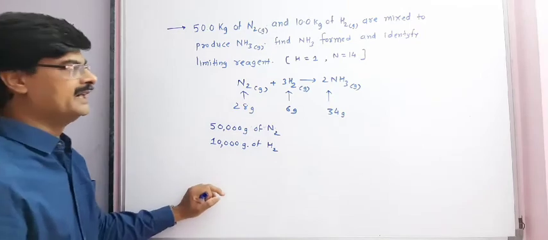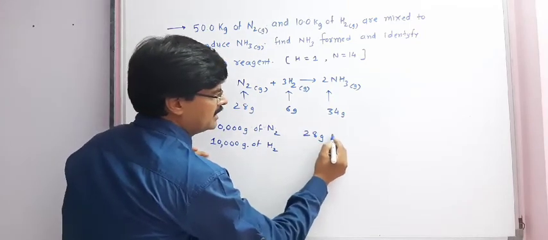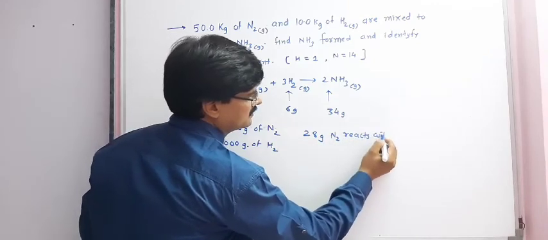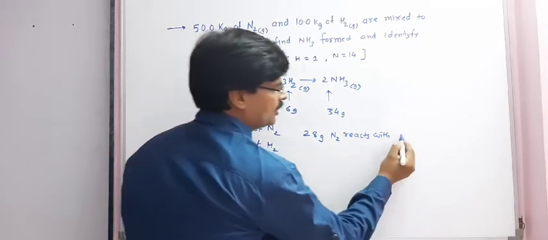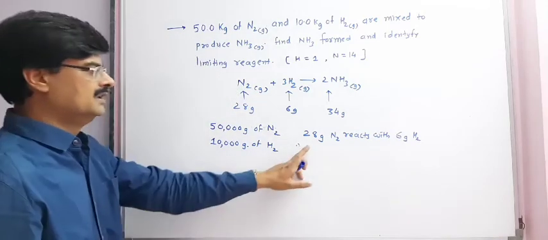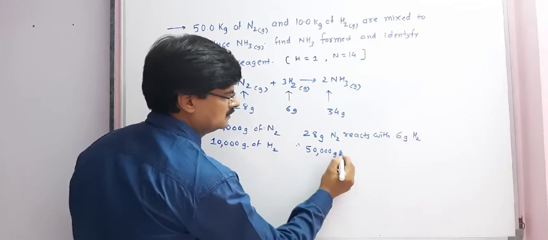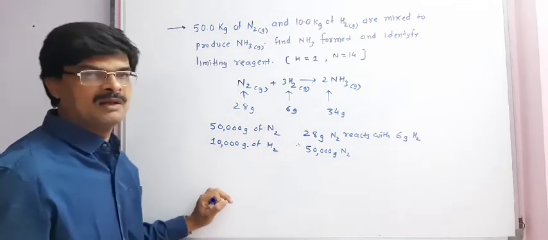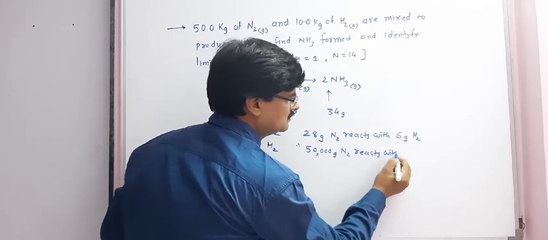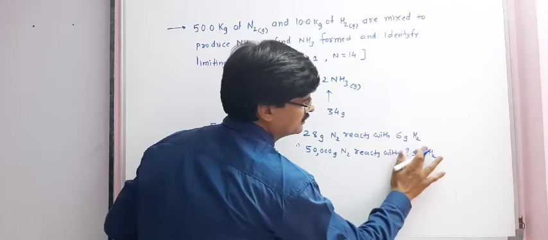So first we will find out limiting reagent. 28 gram nitrogen reacts with 6 gram hydrogen. Therefore, 50,000 gram of nitrogen reacts with what gram of hydrogen?